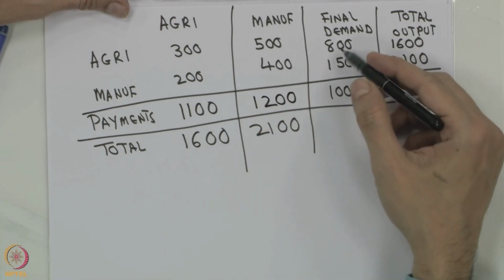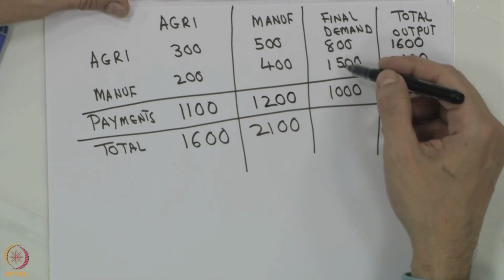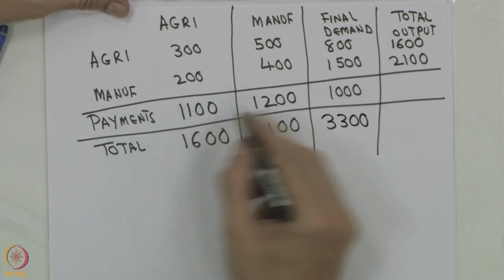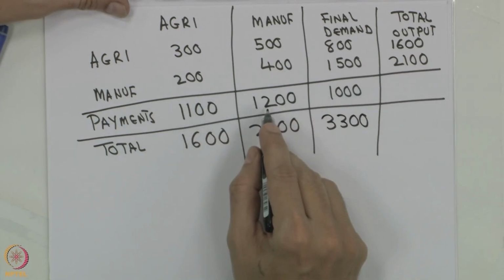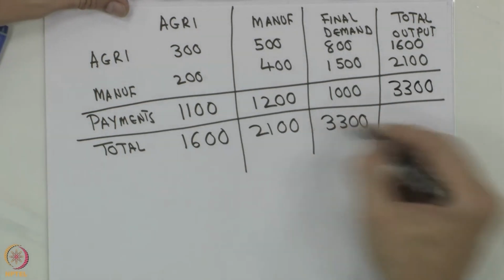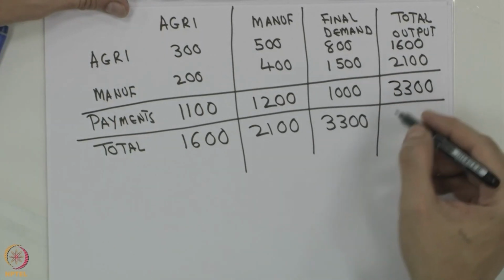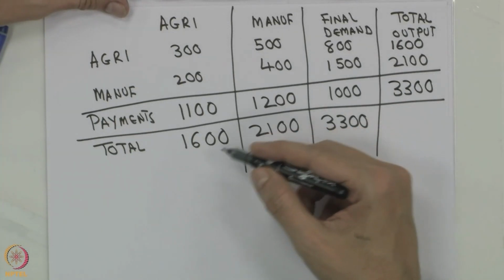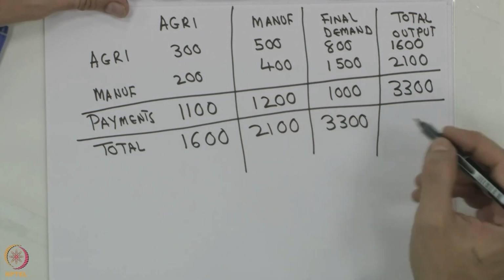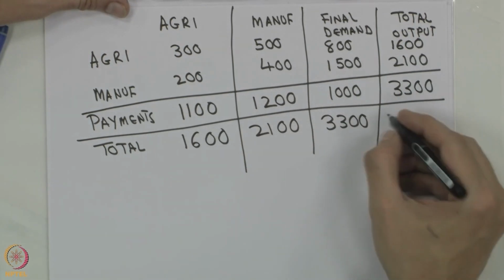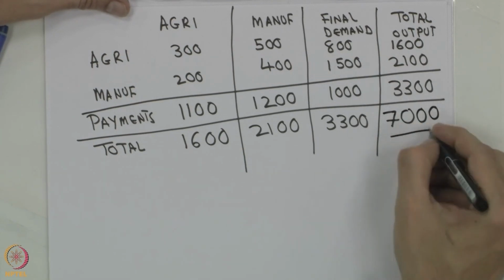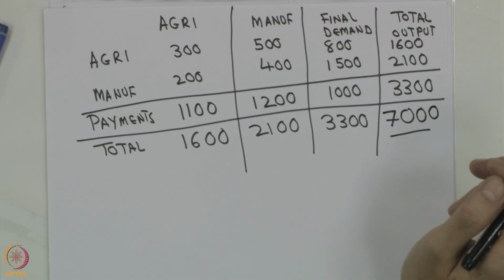Then when we add this up, 2300 plus 1000 is 3300. Now these two have to add up, and that's clear. So 2100 plus 1600 is 3700, plus 3300 is 7000. 7000 million tons is the total output of the economy.